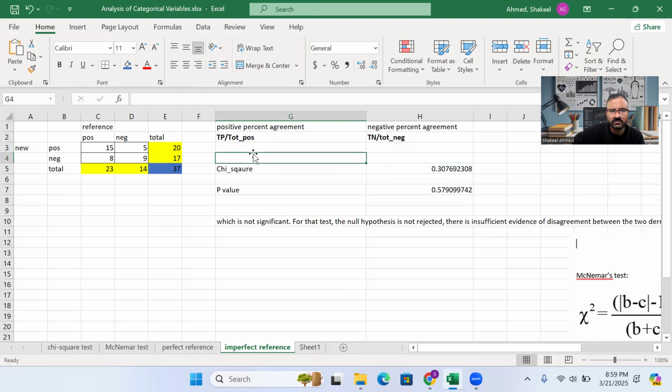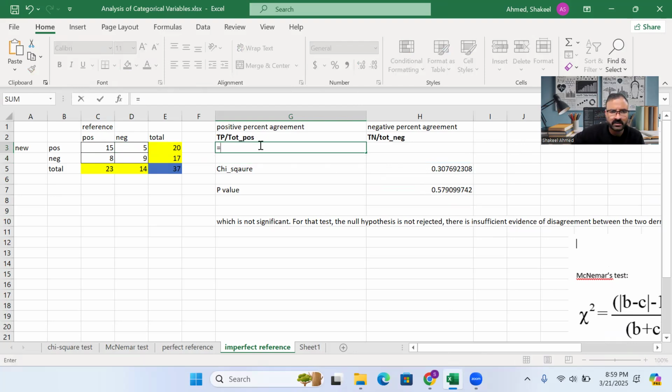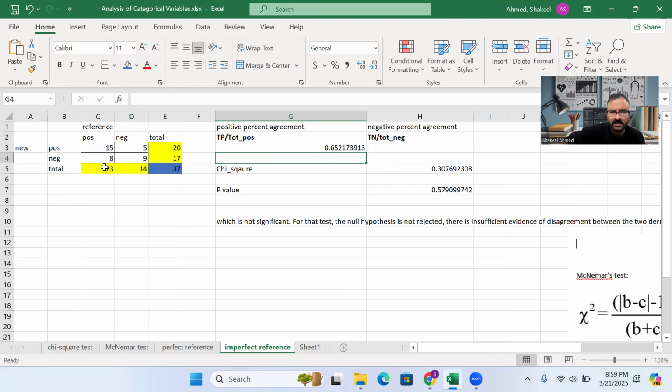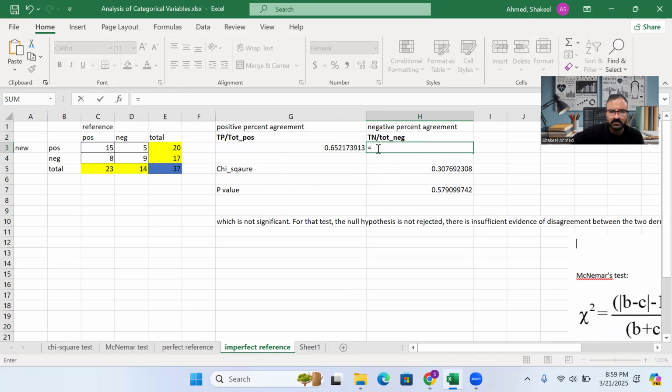So we can find the positive percentage of agreement using positive divided by this. This is just like the sensitivity in the case of a perfect test and perfect reference test, and this is like the specificity, that is called negative percentage agreement.